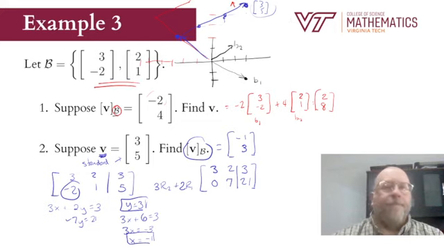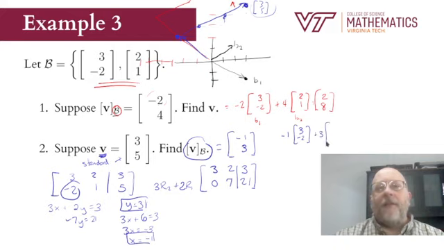And we could check that just by making sure that -1 times the first vector and +3 times the second vector actually does add up to (3, 5). And that works. -3 plus 6 is 3. 2 plus 3 is 5. And so that checks.